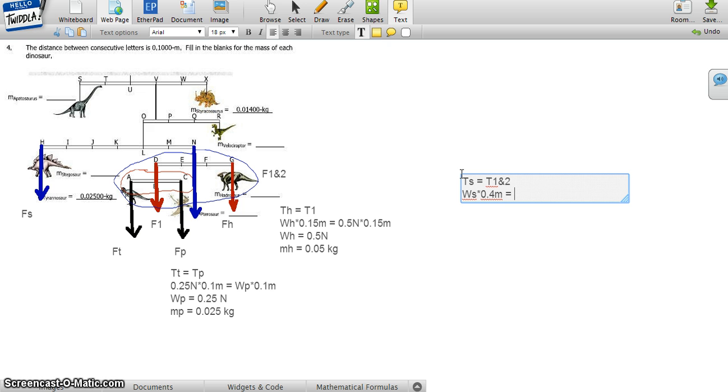Let's see, it's 0.025 plus 0.025 plus 0.05, and that would be 0.1 kilograms times 10, so that's 1 newton, times the distance away, which is 0.2 meters. Okay, so that means the weight of the stegosaur has to be equal to 0.5 newtons, which means the mass of the stegosaur is equal to 0.05 kilograms.